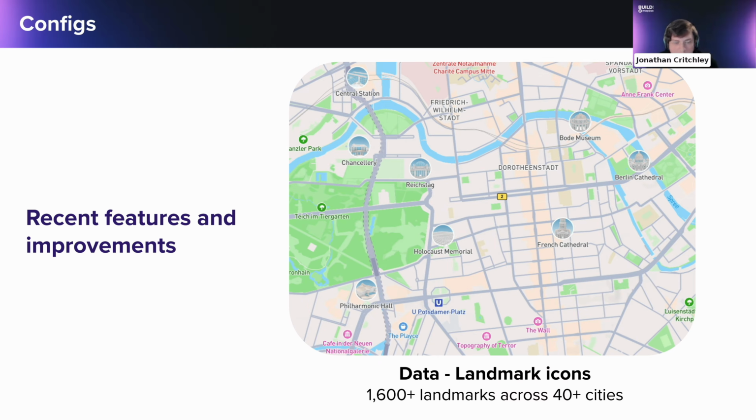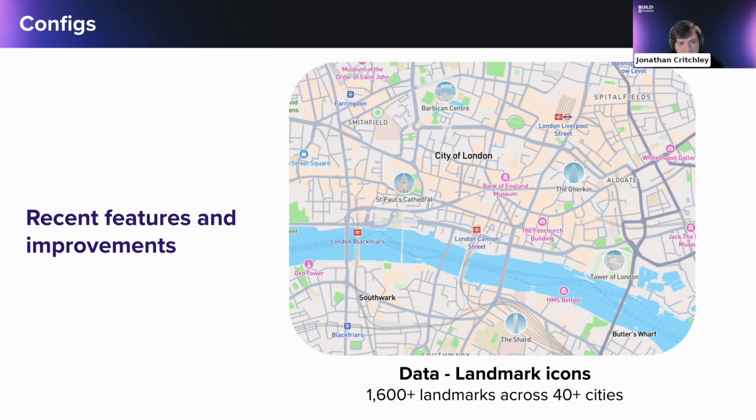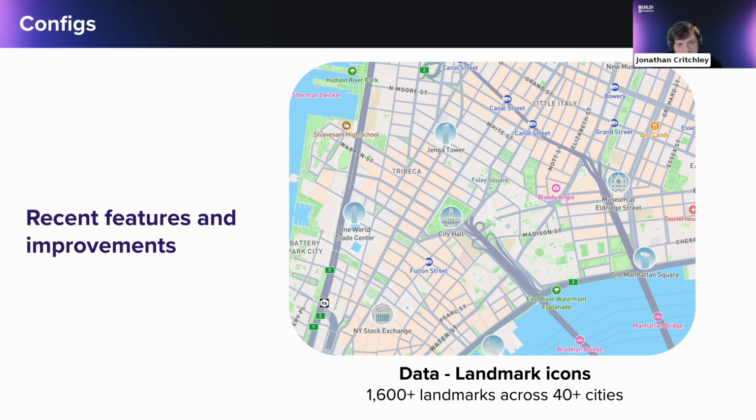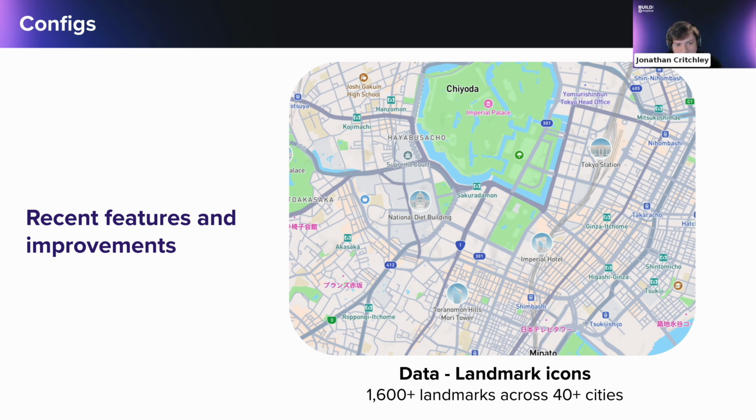The standard style also now includes a set of stylized landmark icons that complement the specialty 3D landmarks within the map style. There are over 1,600 landmark icons already available, spanning over 40 global cities, and there are many more cities added each month.